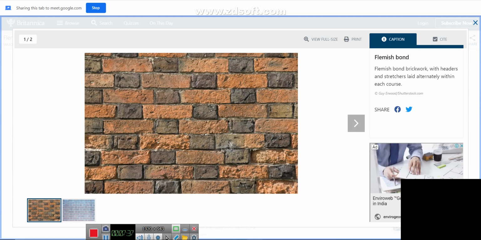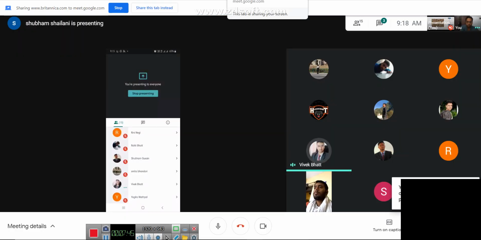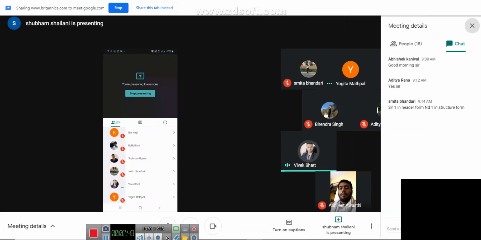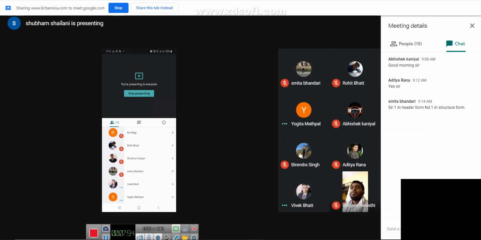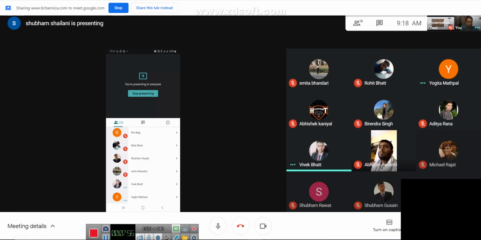Again in the same course you have a header, stretcher, header, stretcher. So in one course itself, you will be placing the header and stretcher.